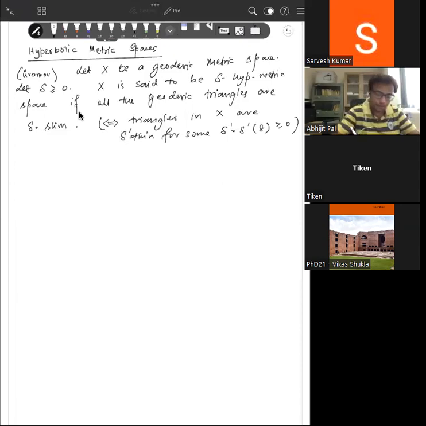Okay. So with the definition of this hyperbolic metric space, we can also assume the triangles are thin.